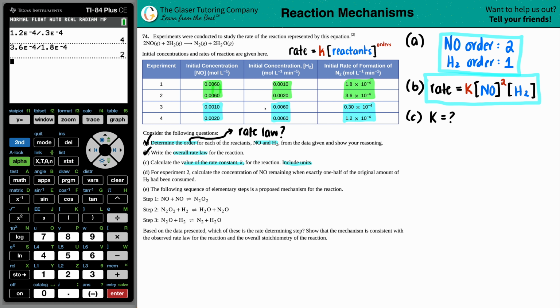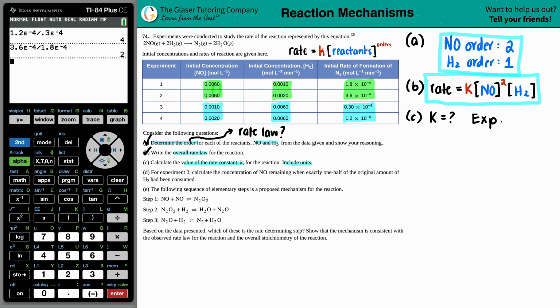But if it's a rate constant, technically all the experiments should come out to a very similar K value. So if you want, you can try out one experiment, and I'm going to do another one, and see if we get K values that are very close to each other. So I will do experiment 4.